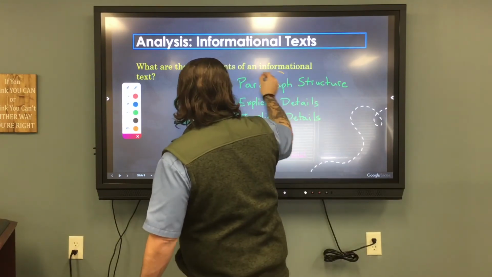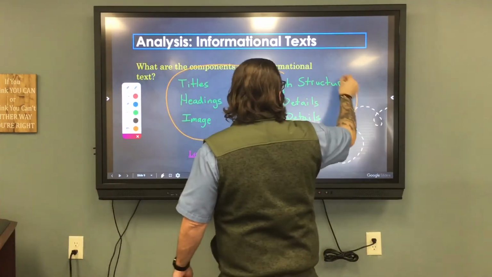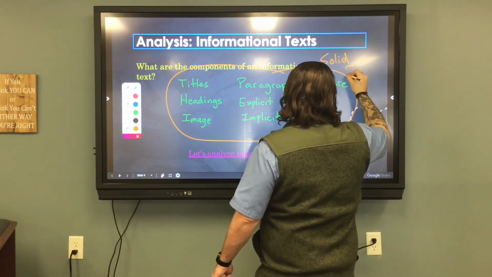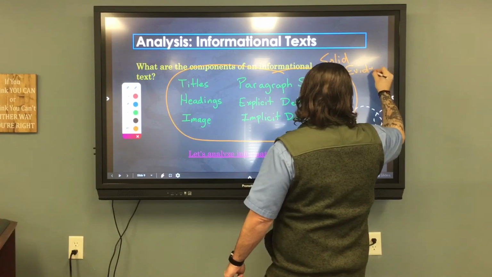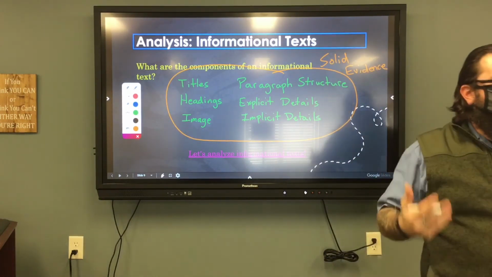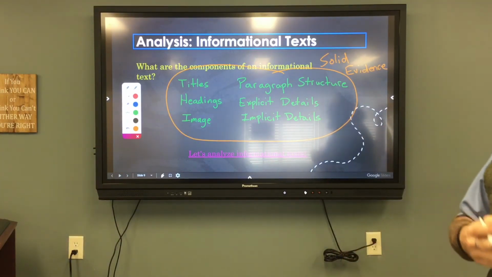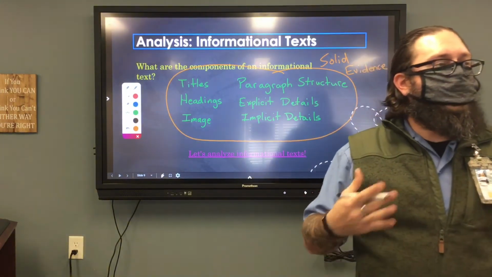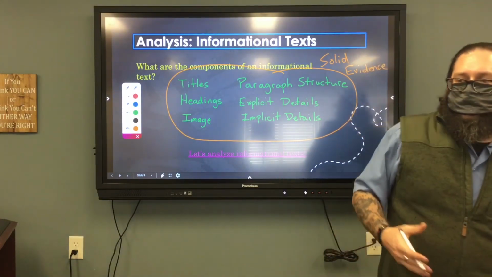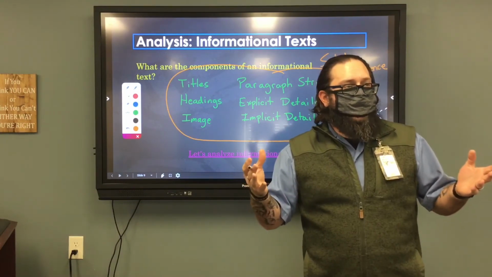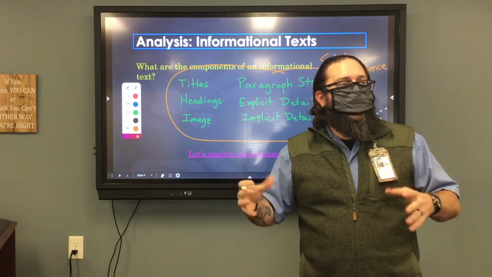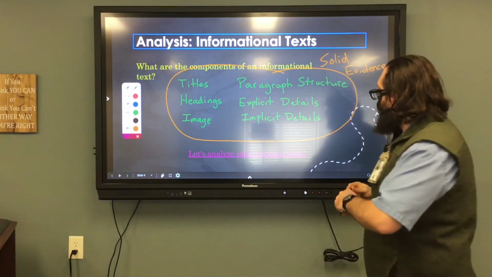So all of this together gives us solid evidence. And a common question that you will be asked on the test is to determine which detail provides the best evidence for the claim. Or they will give you evidence and say which inference is best supported by this detail.